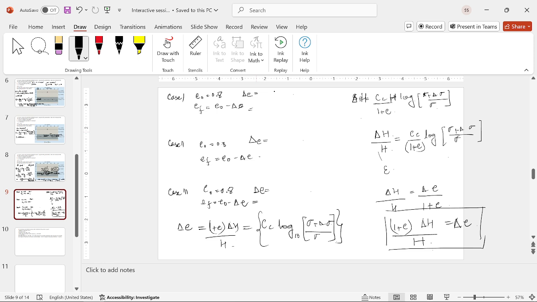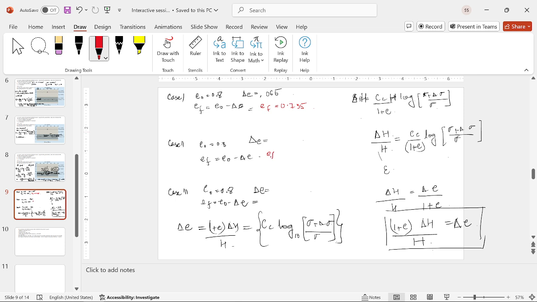This is 0.065. So e_f, let me write in another color, e_f is 0.735.